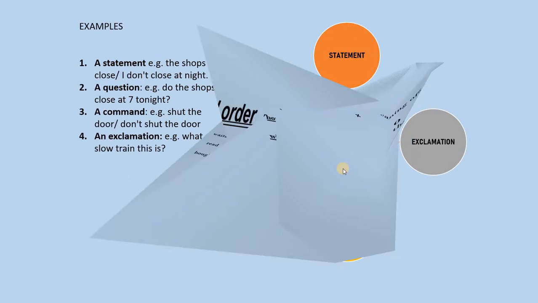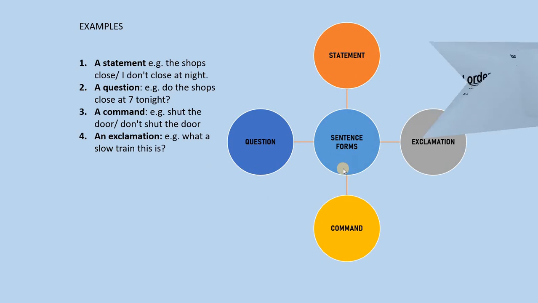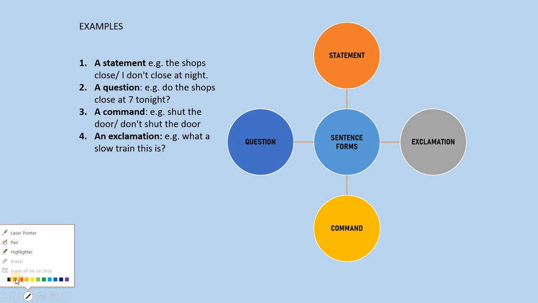So we move to sentence forms. This is number 2. The sentence form can be a statement, and when I say a statement, I'm talking about the declarative form of the sentence.